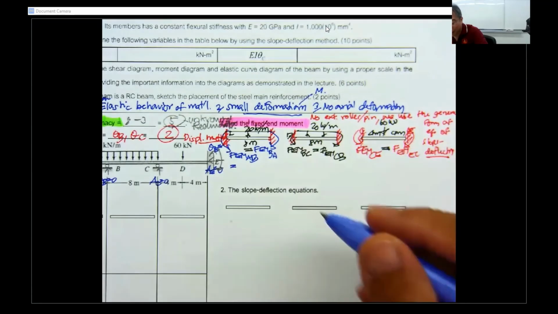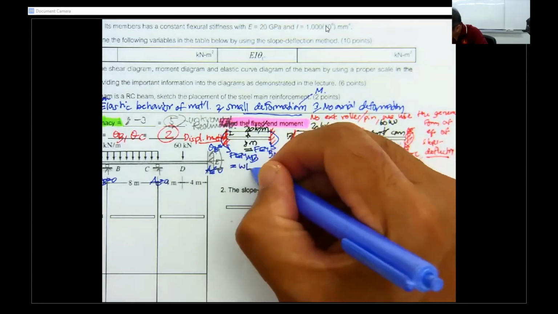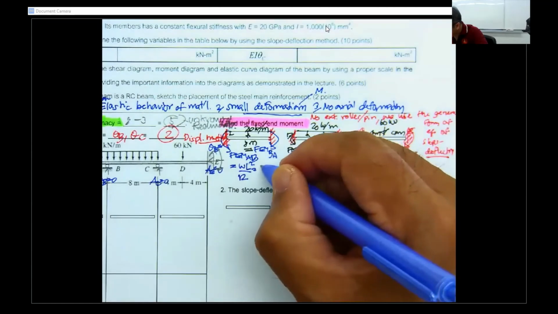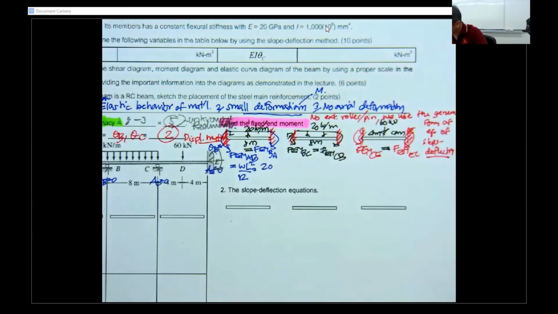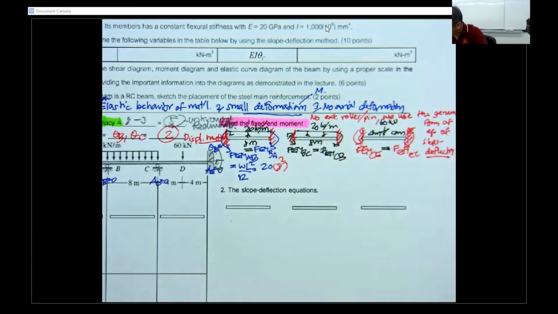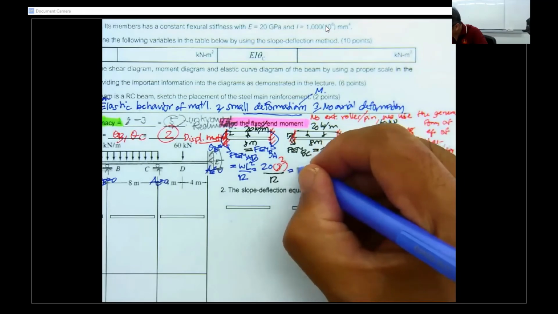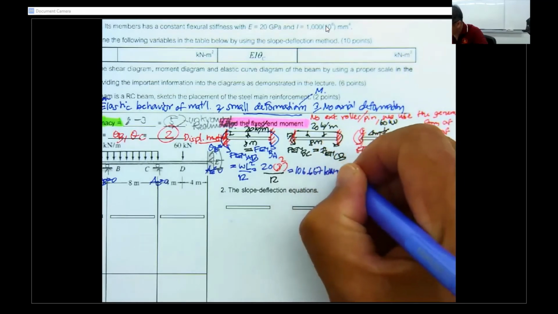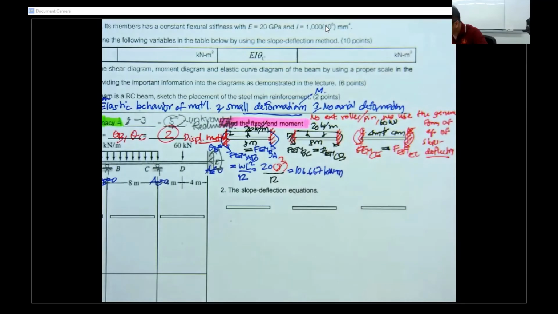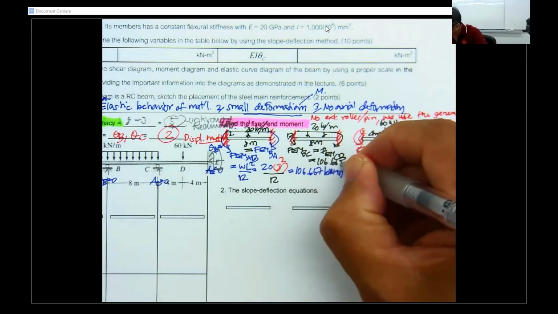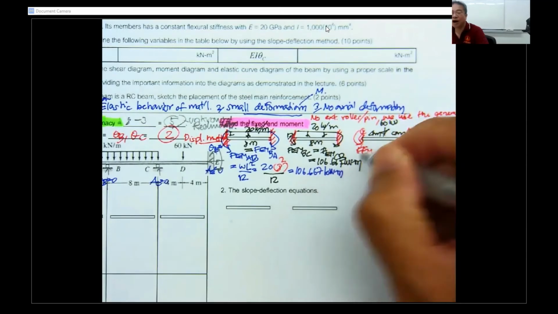This is going to be wL squared over 12 from the table, and it's going to be 20 times 8 squared, divided by 12. And then you got 106.667 kilonewton meter. And if you take a look at this one, you're going to get 106.667 kilonewton meter also.